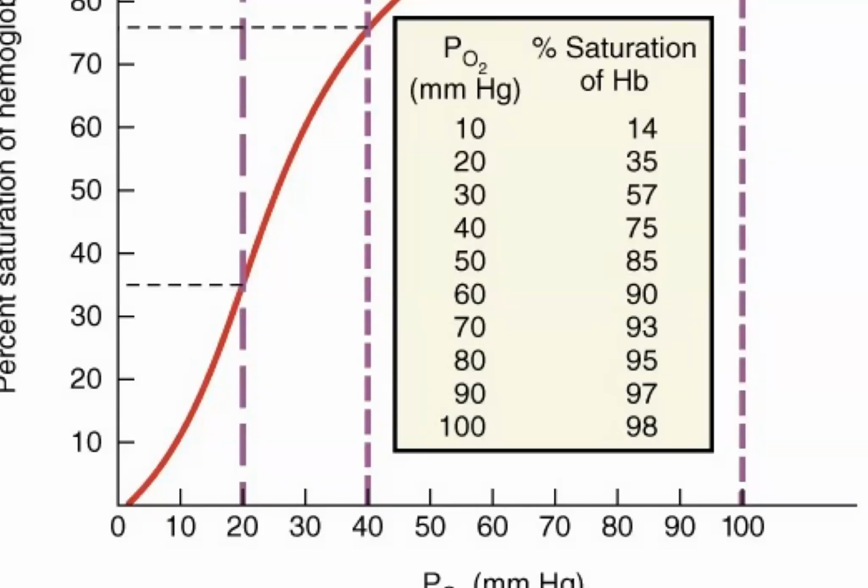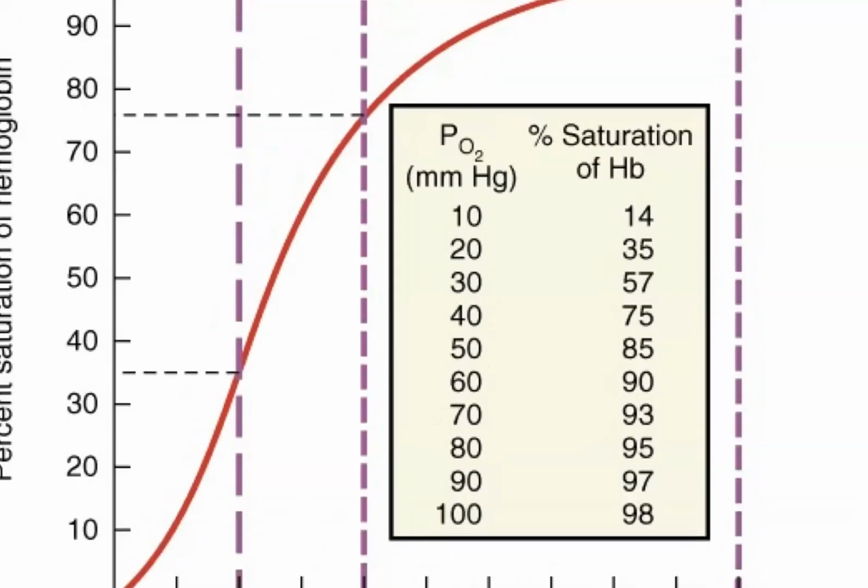Now, when you look at this chart at a PO2 of 20, that means that the red blood cells that are in that area now, and they're about to leave that area, are only 35% saturated, right? So what we see is that the red blood cells that go to that area are 98% saturated.